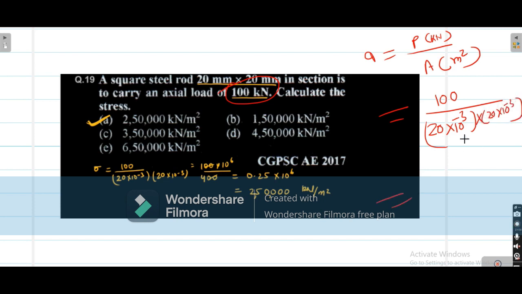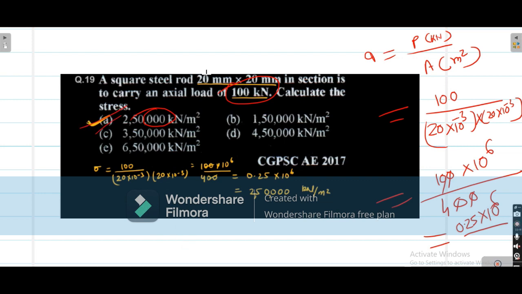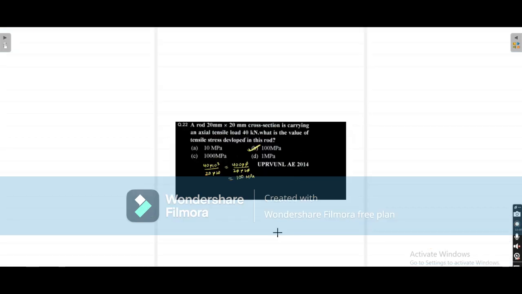So 10 to the power minus 3 squared, taken upstairs, becomes 10 to the power 6. So we have 100 into 10 to the power 6 divided by 2 into 2, which is 4, and the two zeros cancel out. Ultimately you get 10 to the power 6 divided by 4, and 1 by 4 is 0.25 into 10 to the power 6, so you can write it as 250000. That is option A, the correct answer. Next one.